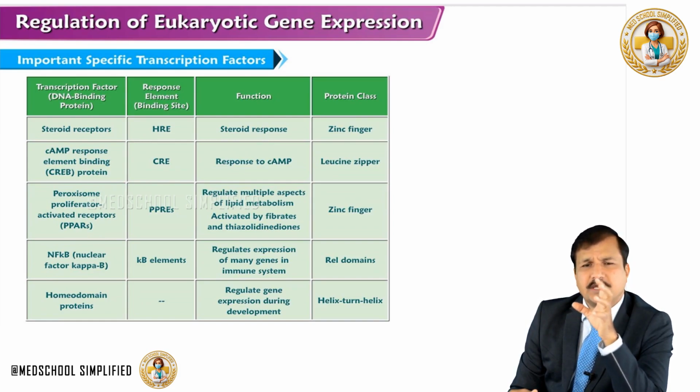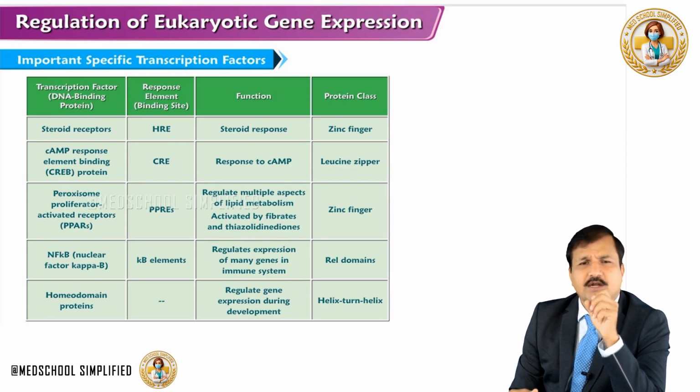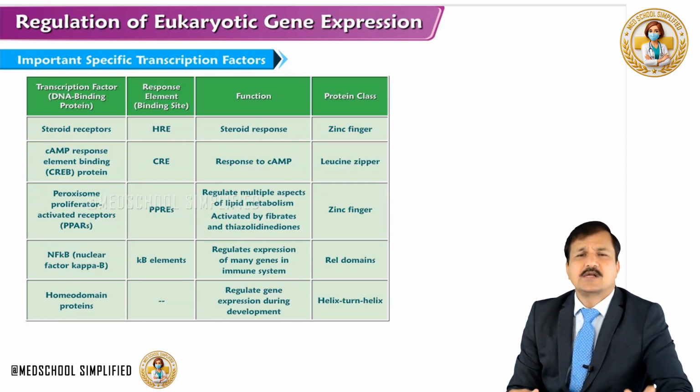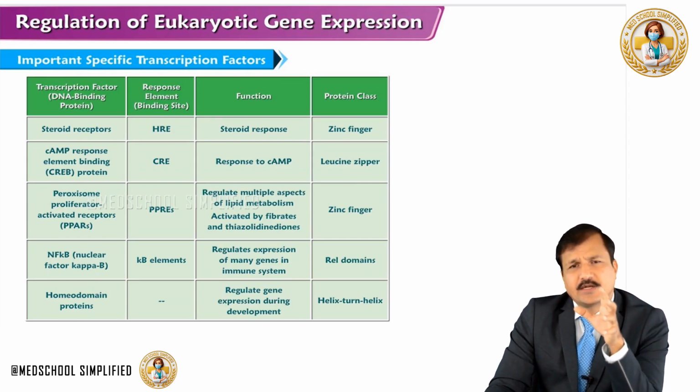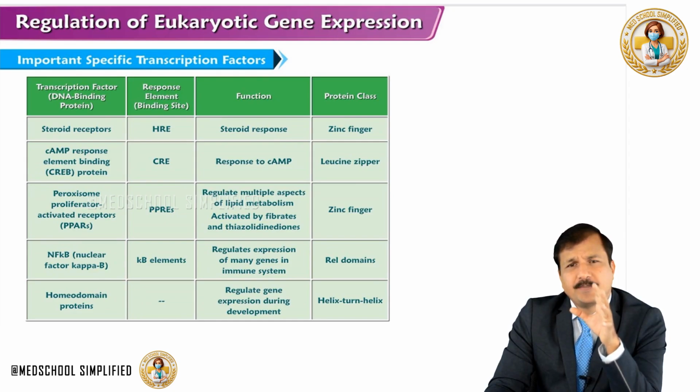Additionally, hormones may regulate the activity of some specific transcription factors. Examples include steroid receptors or SH proteins, as given in the table here. So, peroxisome proliferator activated receptors, referred to as PPARs, are transcription factors that bind to DNA response elements and control multiple aspects of lipid metabolism.